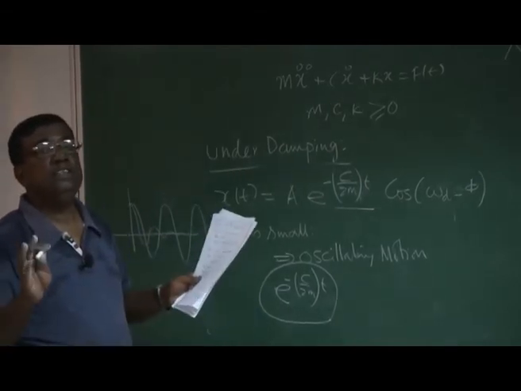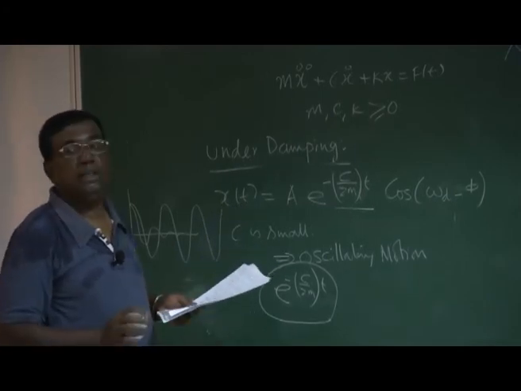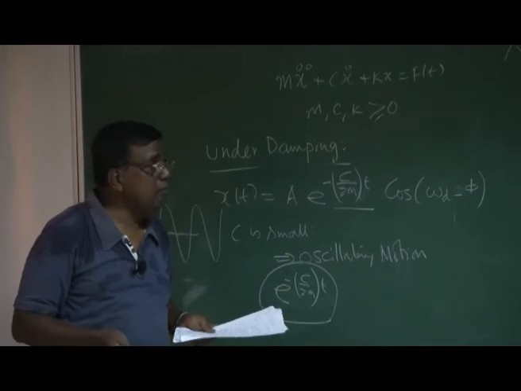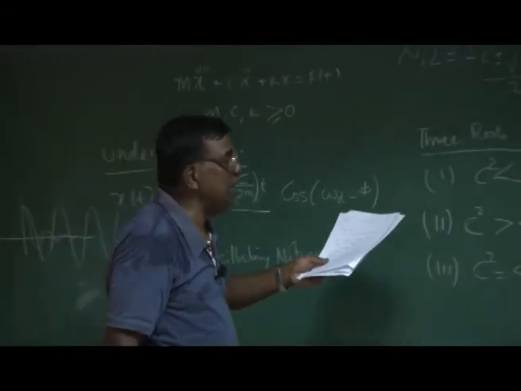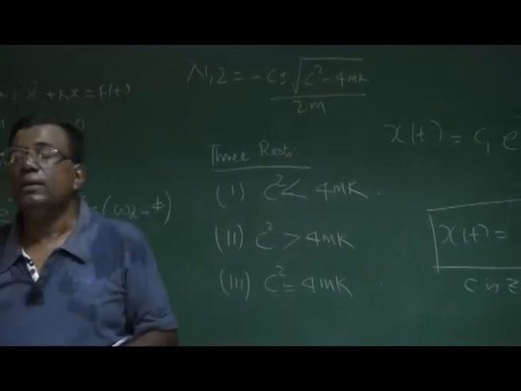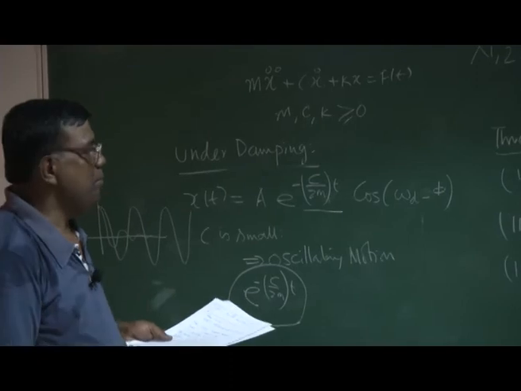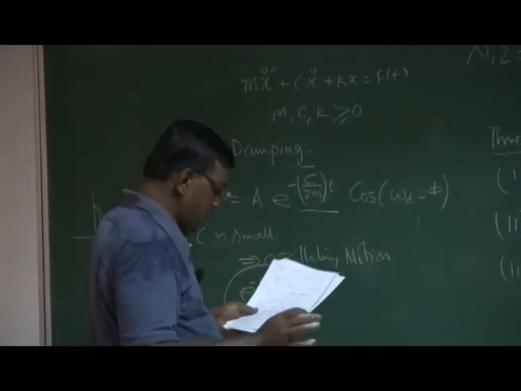That is typically the underdamping case. So what did you understand? In the underdamping case, that is c square less than 4mk, there will be oscillations and it will be underdamped and come back to the equilibrium, right? But there will be oscillations.